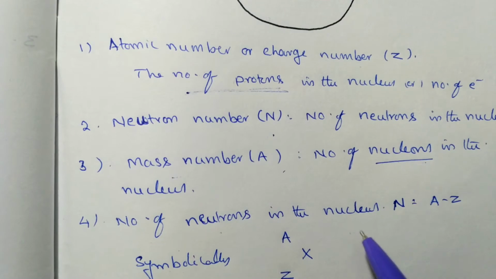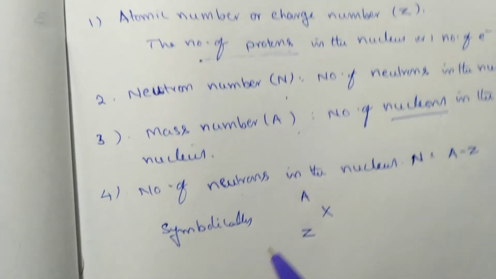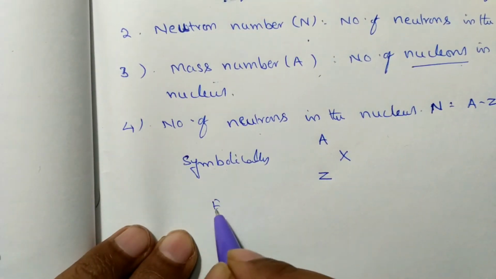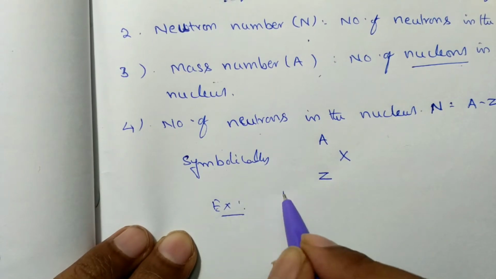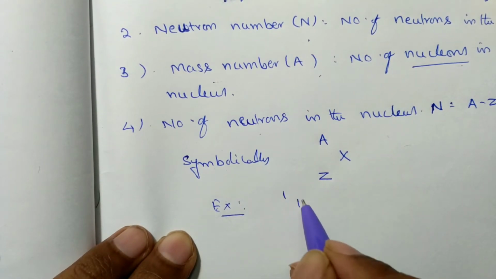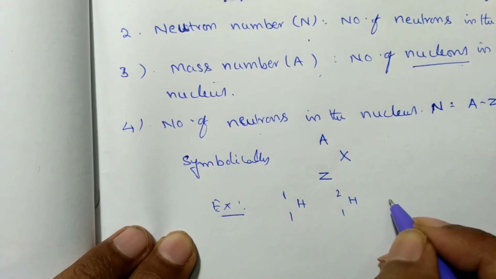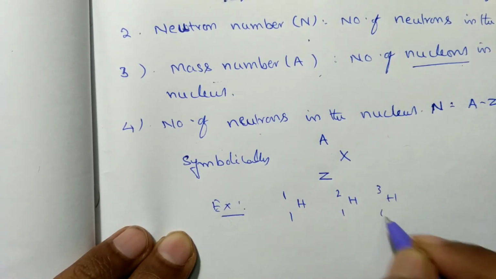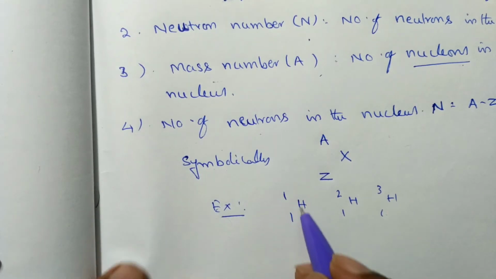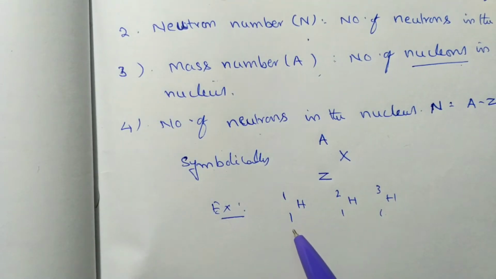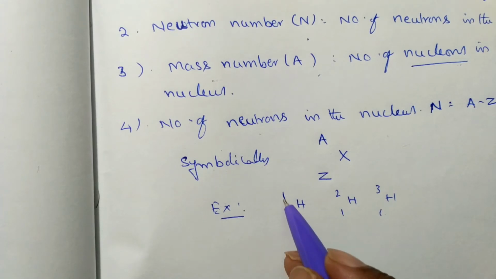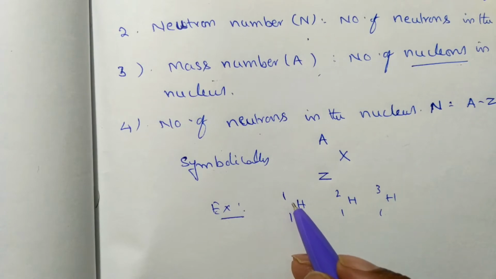For example, this can be written as H 1 1, H 2 1, H 3 1, like this we can write. This is the hydrogen element. Z means atomic number, A means the total nucleons number.